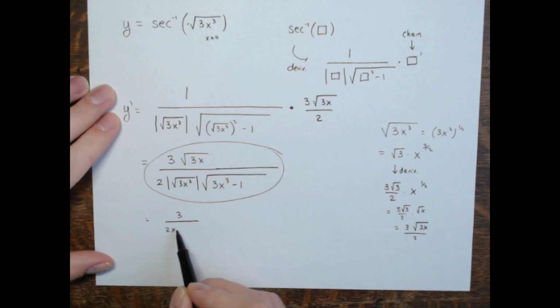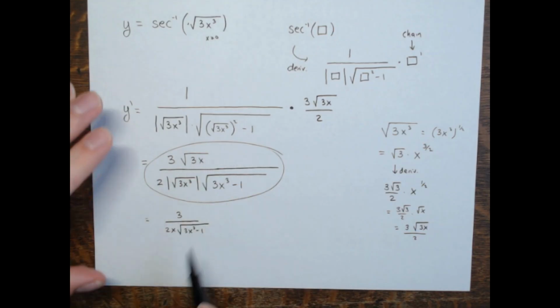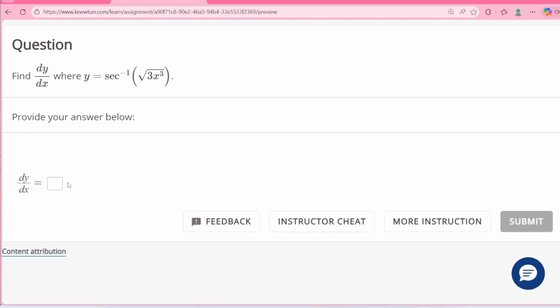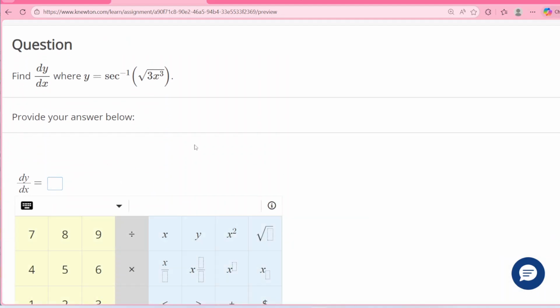So I think they're going to have it this way: 3 over 2x times the square root of 3x cubed minus 1. But again, I'm going to type it in this way with the absolute value and everything, just because it's not wrong. And it's the way that the derivative of the inverse secant normally initially looks, with that absolute value.